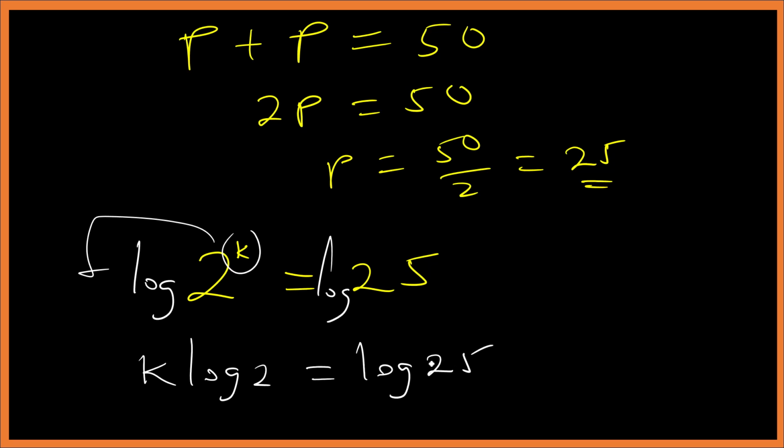Now from here, we can divide both sides by log 2. So this one will cancel. So my k is simply log 25 on log 2.